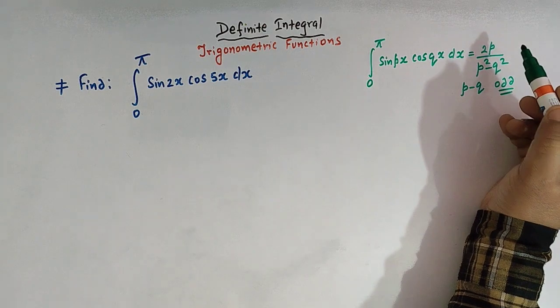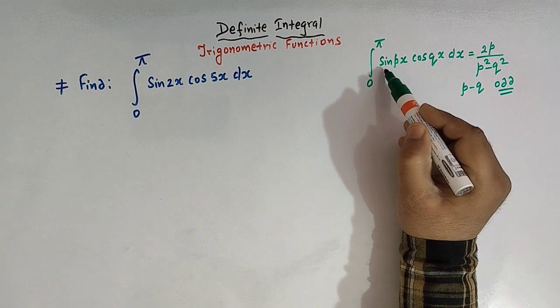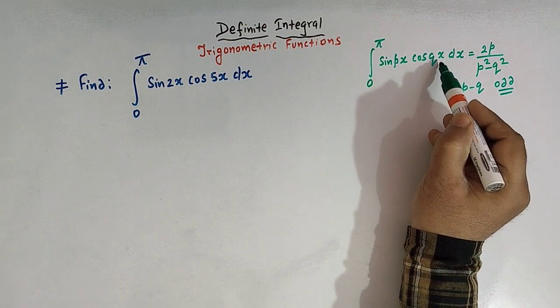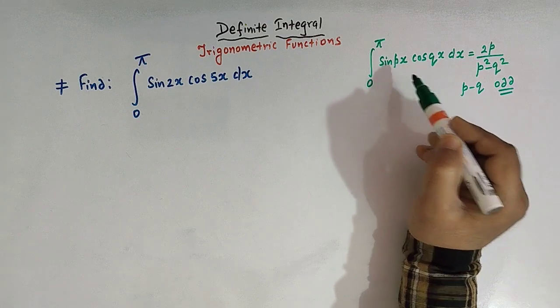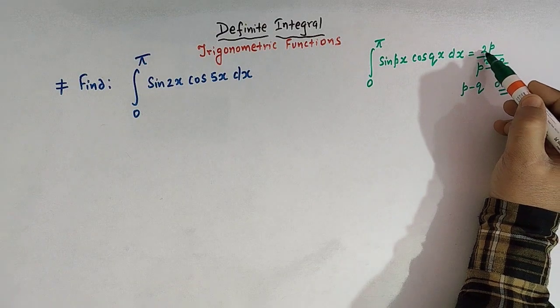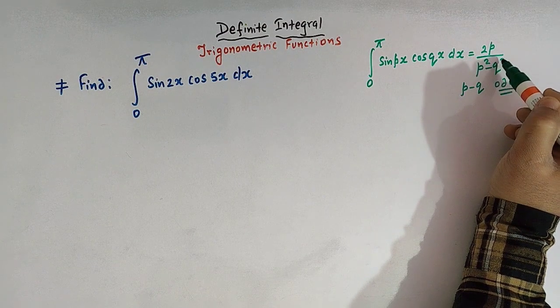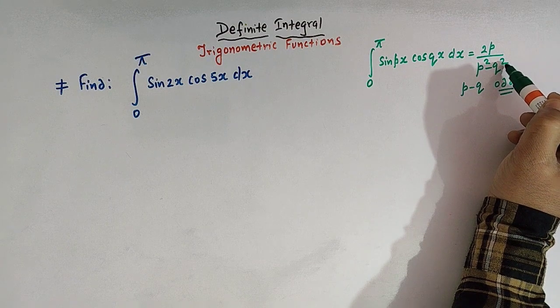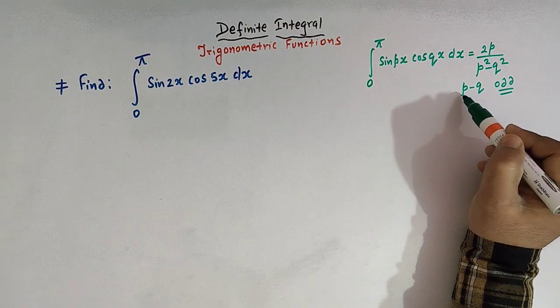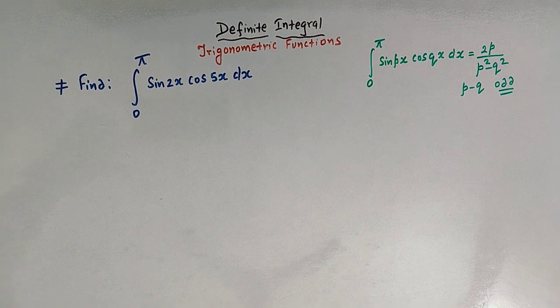So when p and q are positive integers, the value of this integral can directly be written by this expression, provided the difference between p and q is odd.